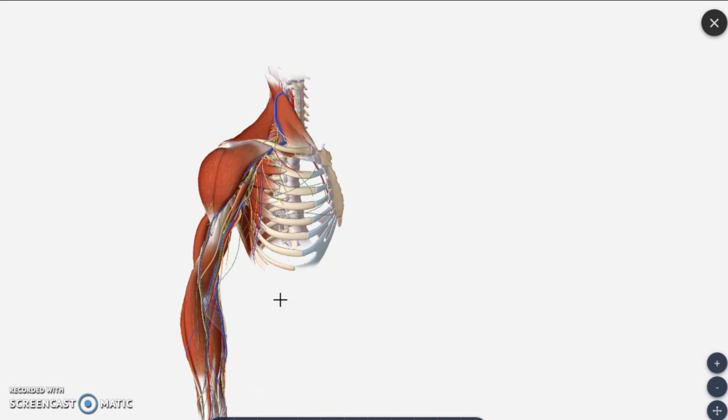Once you remove this brachial plexus also, what will happen? You can make out other structures, such as if you remove the muscle coracobrachialis also from here, and the nerve branches of the brachial plexus, you can view important structures seen in the axilla.